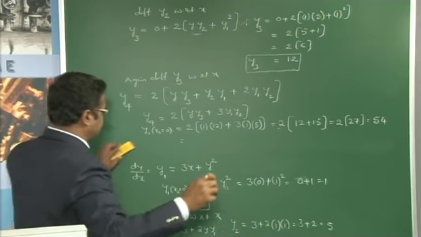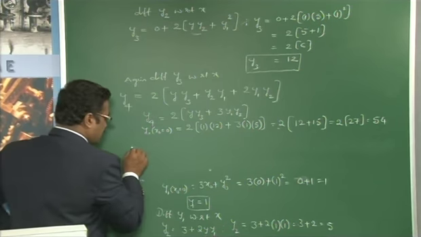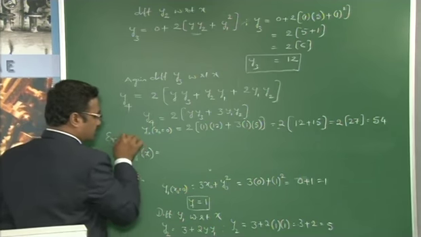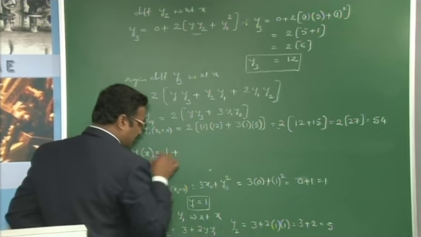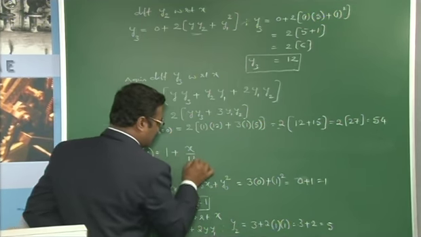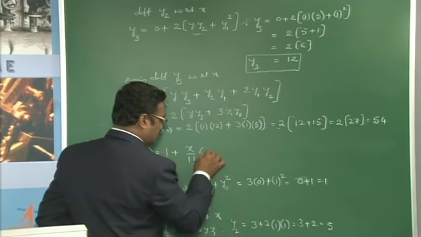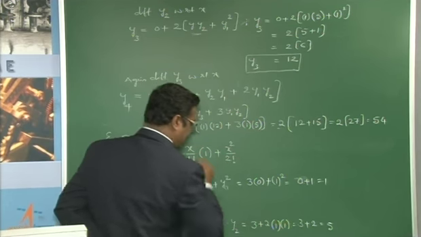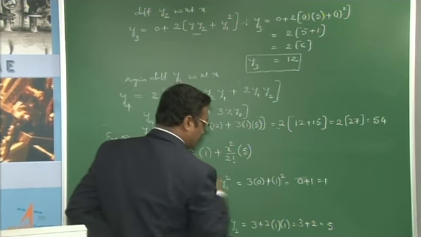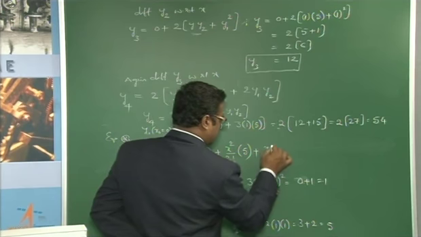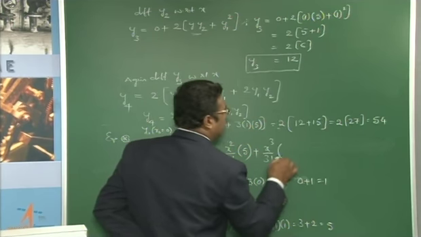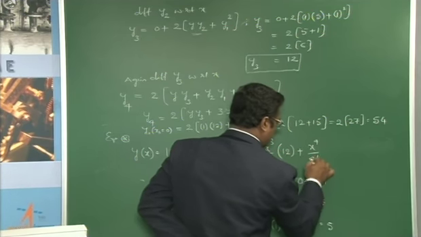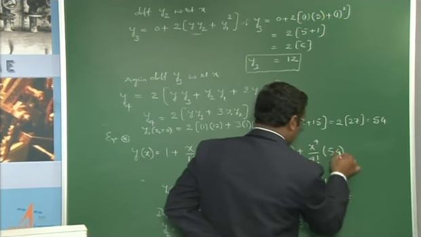So that is y of x, your Taylor series, the equation star becomes y naught, the value of y naught is 1, plus x by 1 factorial into y1 of 0 is 1, plus x square by 2 factorial into y2 is 5, plus x power 3 by 3 factorial into 12, plus x power 4 by 4 factorial into 54.